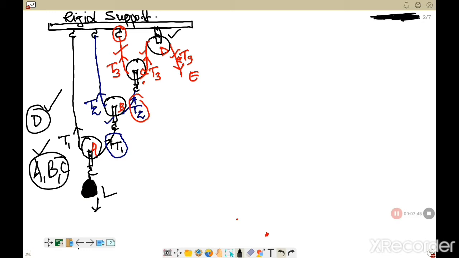Now you know, to find mechanical advantage you need load and effort. So how much is the effort here? You see that this is the effort, which is acting in the downward direction, and this effort is balanced by this segment of the string, and the tensional force acting on that string is T3.